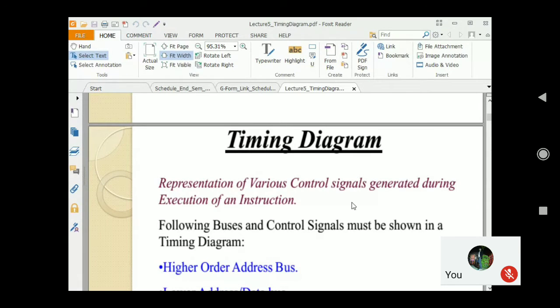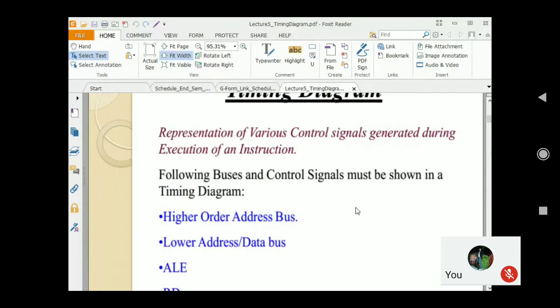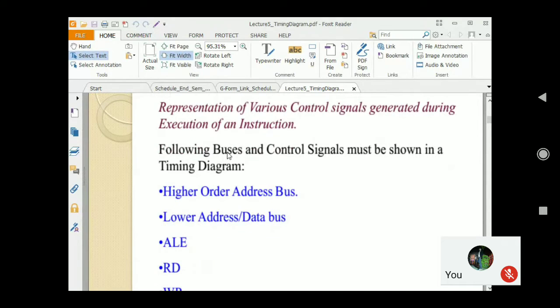So how does the movement go on when I give a particular instruction, MOV A, M? How this control system is executed, I am going to show in this timing diagram. For drawing the timing diagram, we need to know about all these buses and control signals, which must be shown in it.